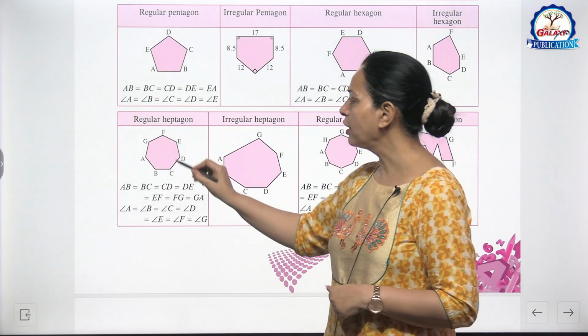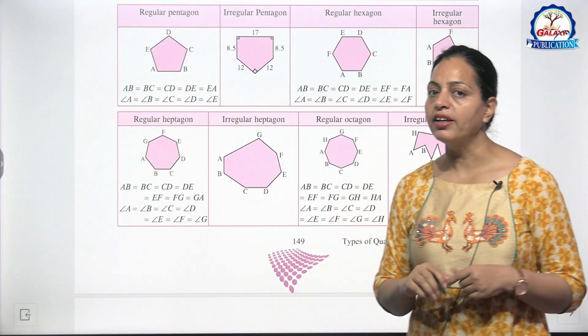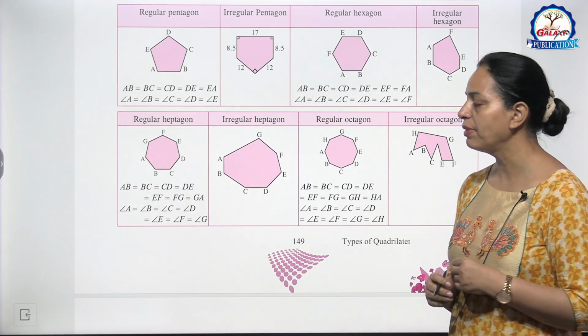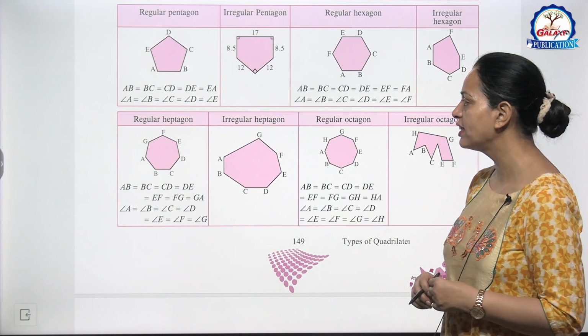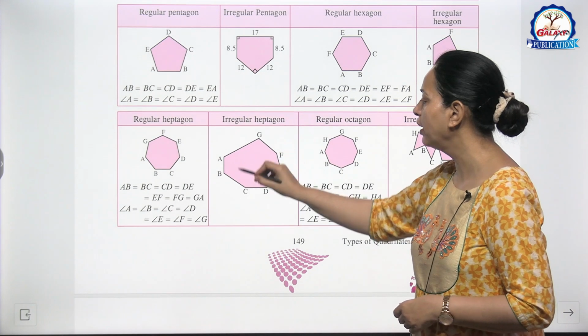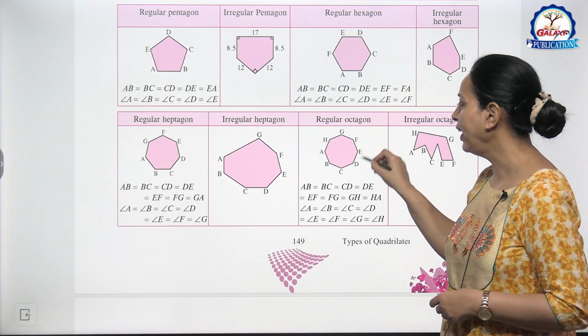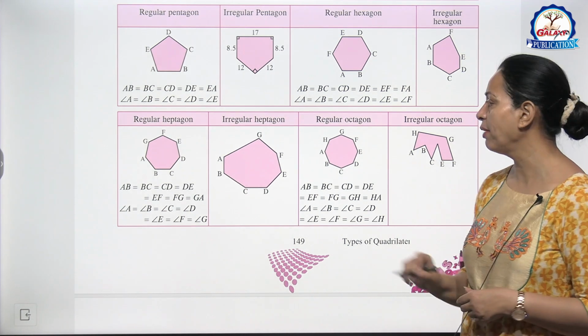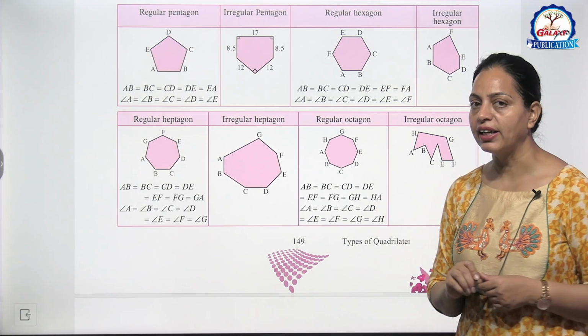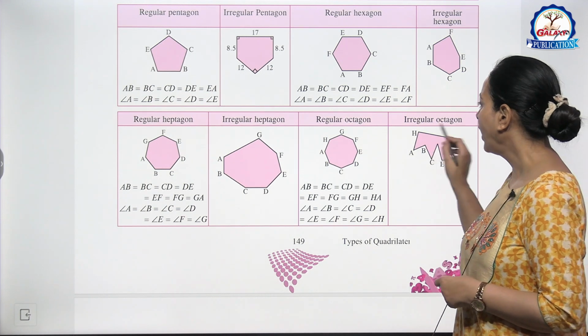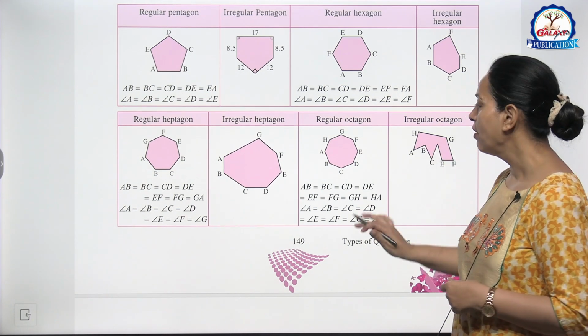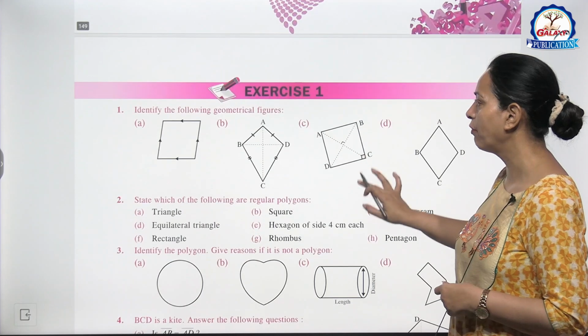Now regular heptagon when all the sides are same and each angle same, it is regular heptagon, 7 sides. Irregular heptagon when all the sides are different. Regular octagon when 8 sides are same and each angle same, that is regular octagon. And irregular octagon means when all the sides are different.